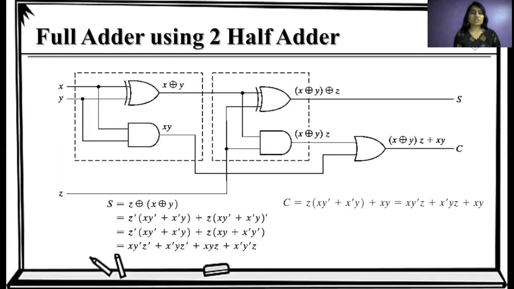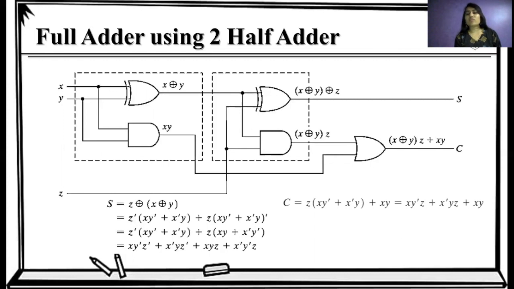So this is how we can implement a full adder using two half adders. Here first x and y XORing, then x and y ANDing. So here we have one half adder, then again XORing for x XOR y XOR z, and again we make an ANDing between x XOR y and z, and again this term will be ORed with the xy term.